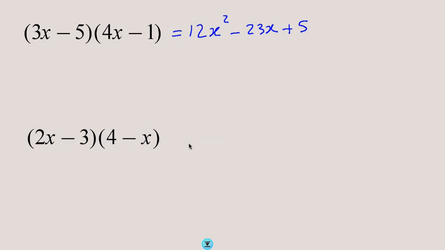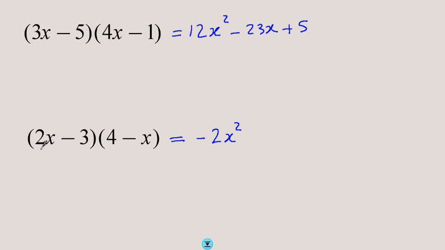However, we need to notice that the order in this bracket is different. The x is here. So we know again that we're going to end up with a quadratic. So we ask ourselves, how can we get the x squared term? It's obviously obtained from multiplying the 2x by the negative x, which is negative 2x squared. And how can we get the x term?